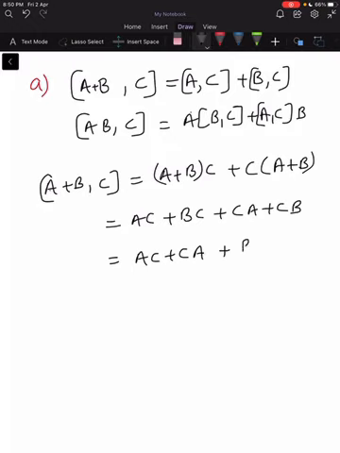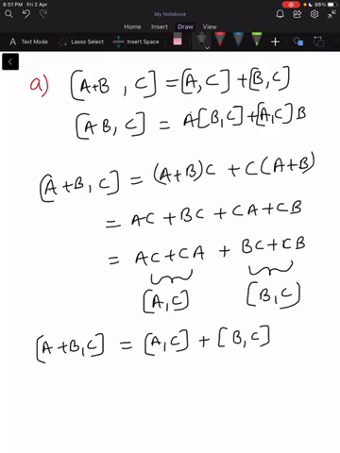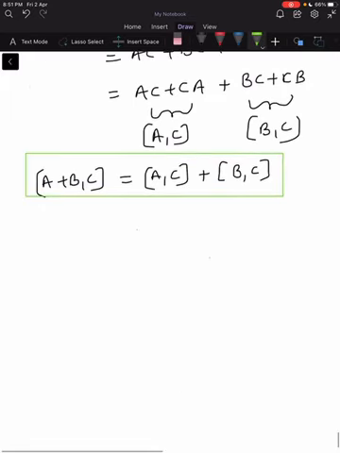It can be rearranged as (ac - ca) + (bc - cb), and ac - ca can be written as [a, c], and this as [b, c]. So [a + b, c] = [a, c] + [b, c]. This is the proof of the first identity of part A of the question.